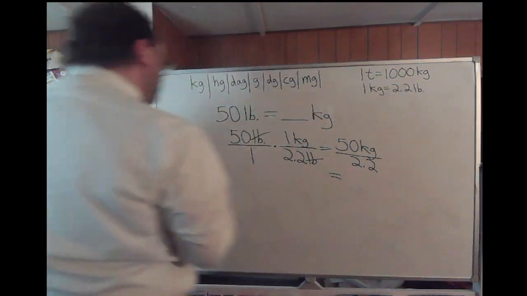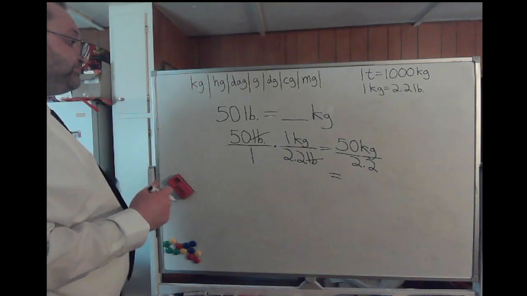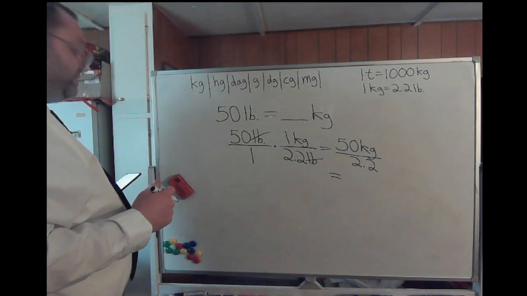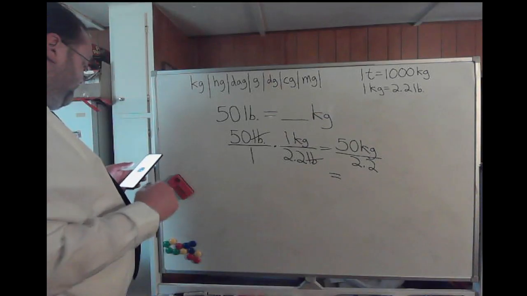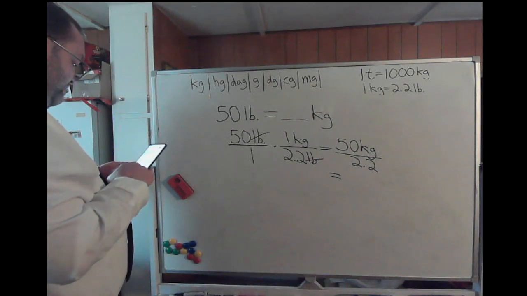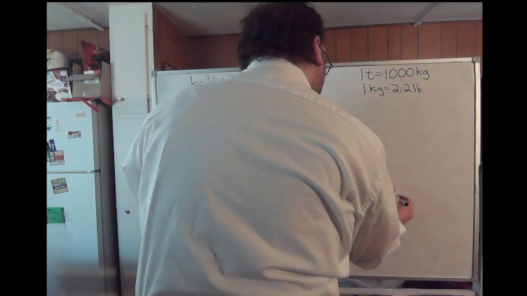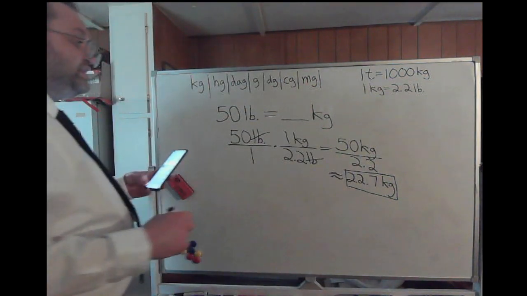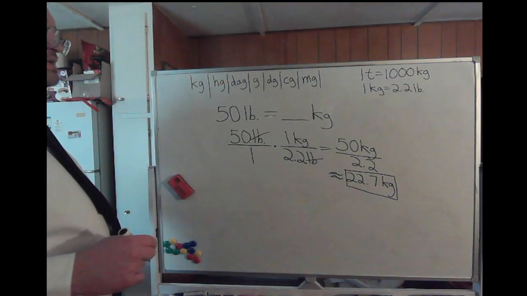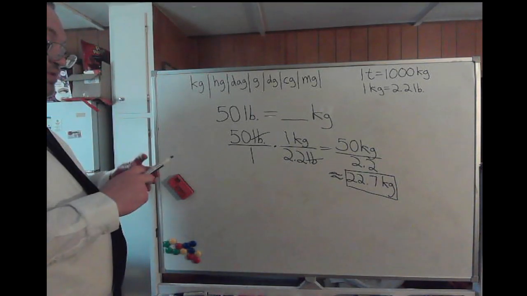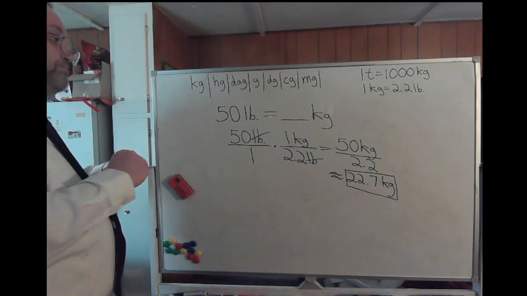Now just do 50 divided by 2.2, which is what I'm about to do as soon as I can get the calculator open. 50 divided by 2.2 is approximately equal to 22.7 kilograms. So that's about 22.7 kilograms for someone that weighs 50 pounds.